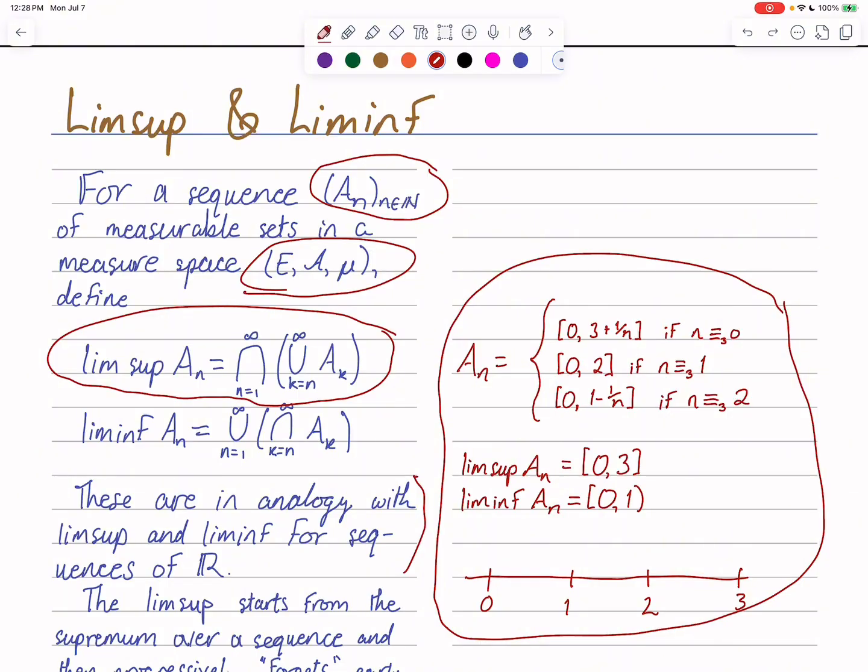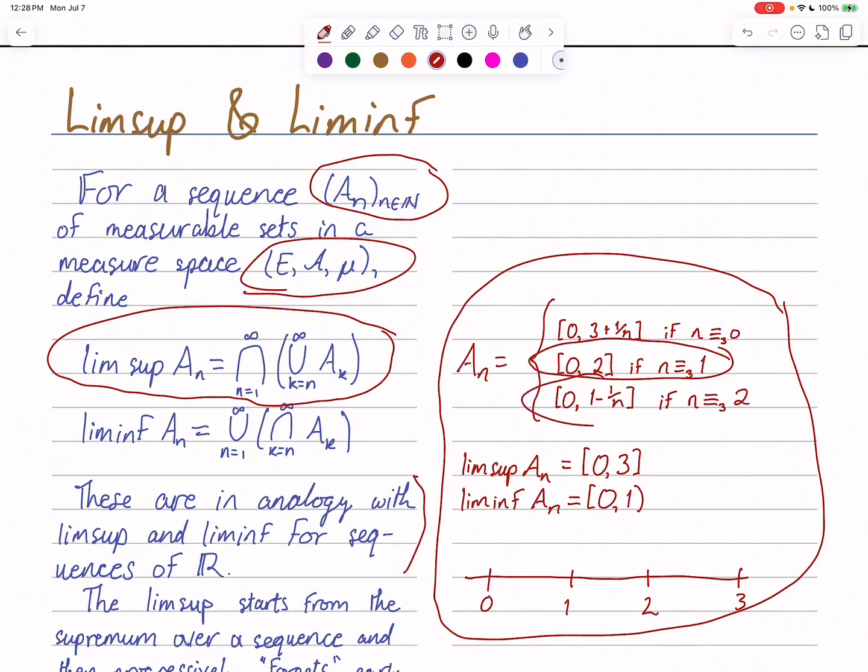So now set n equal to 3. Now we're going to skip this and start here, but we still get the same thing, with k equal to 3 here. And so the union is the same, but something happens differently when n is equal to 4. When n is equal to 4, which means k starts at 4, we start here, and we get the interval from 0 to 2.